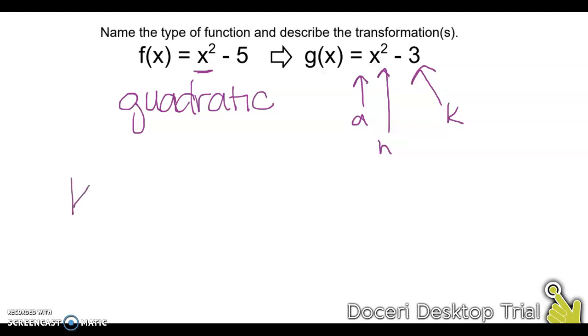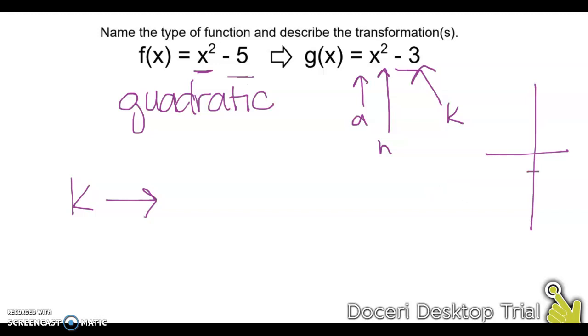So we moved the k, made it move how? What is the difference between negative 5 and negative 3? Well, let's look at that on a graph. If we have negative 5, this graph is the up and down.